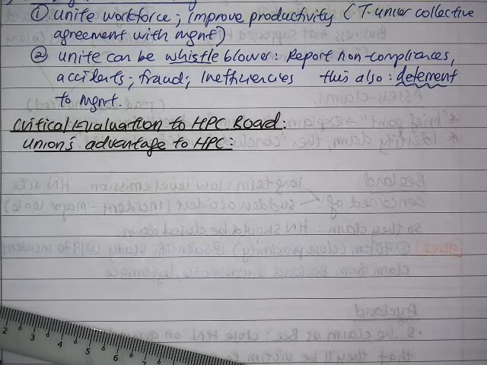So what do you see as the good thing you have here in the case that relates to HPC? The good point of that union that relates to HPC is what?